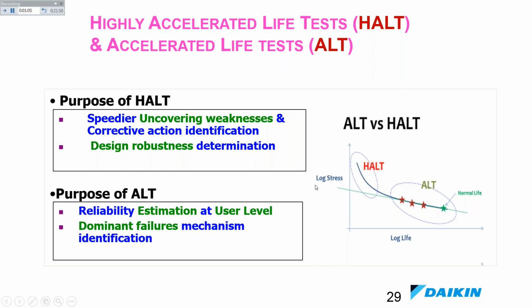When you put it on a log life, log stress plot, the proportional area is called old, and the more unproportional area is called hold. So if you, for example, test at 3 levels and can establish the line in pretty short time, we could estimate the normal life.